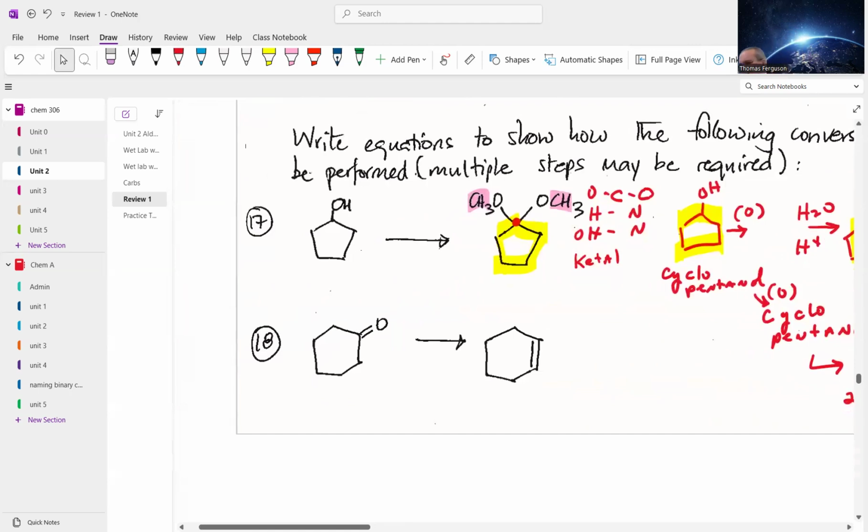Now let's look at this next one here. This is another multi-step one. You start with a ketone, and how do we get an alkene from a ketone? What do you think we should do? Well, what are the ways to get an alkene?